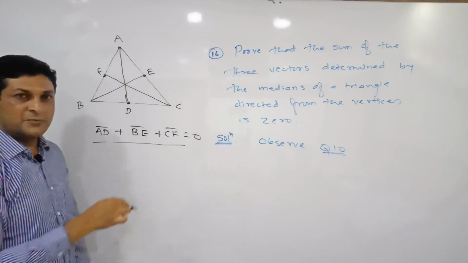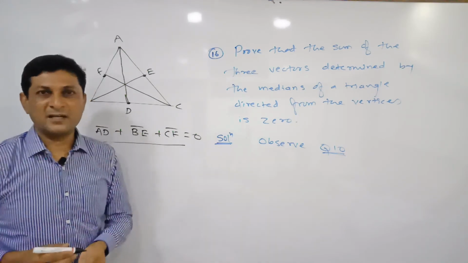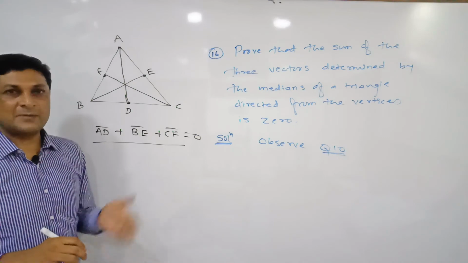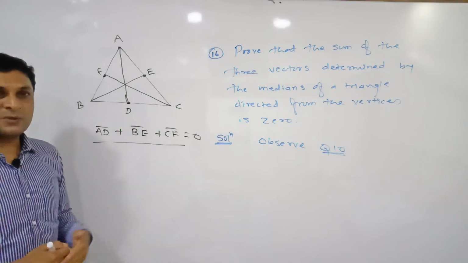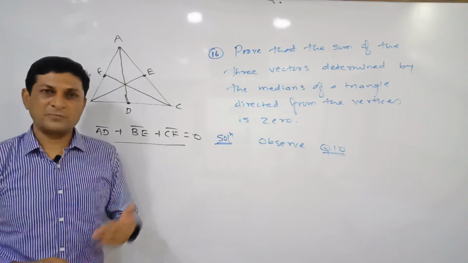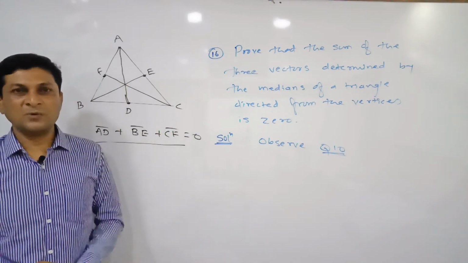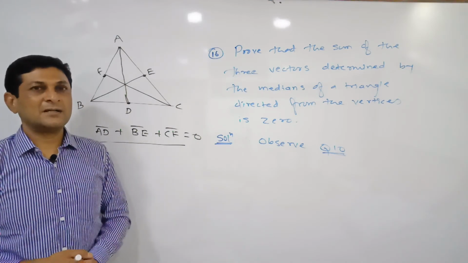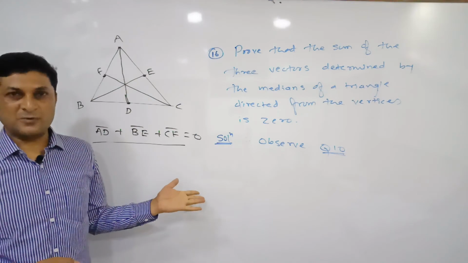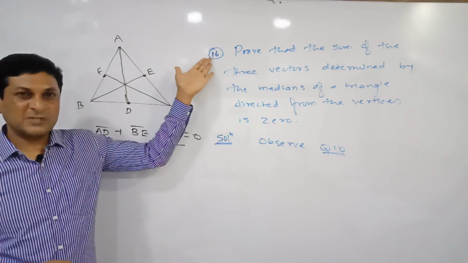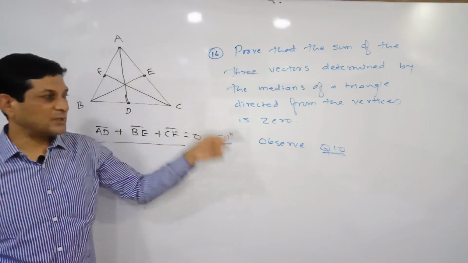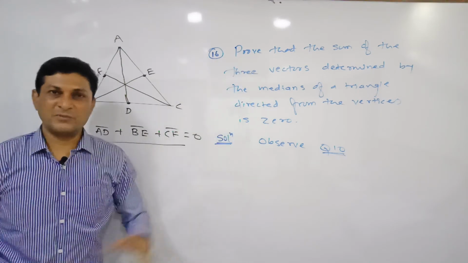This result we have already proved in question number 10. So the solution of this example is given in question number 10. Try to go through question number 10 from the same miscellaneous exercise. We are now discussing question number 16, so just observe question number 10 and you will get the solution of this example.